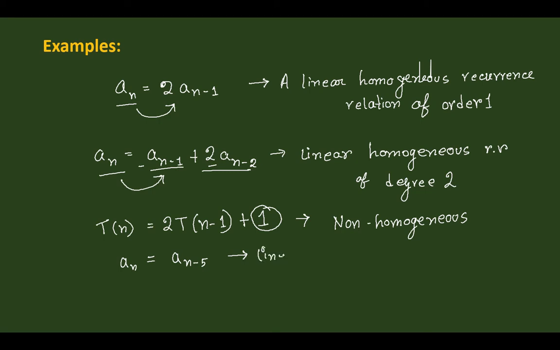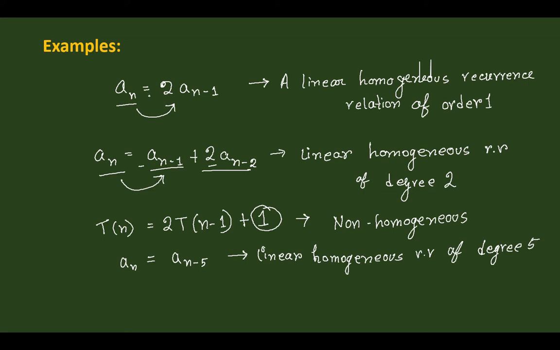We all know that, but what should be the degree of this recurrence relation? You may guess that the degree should be 1 because it depends on one term, but it is not depending on the previous one term. It is depending on the previous fifth term. That's why this would be of degree 5.